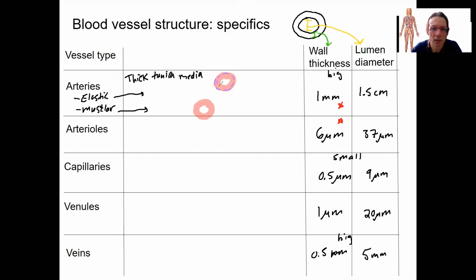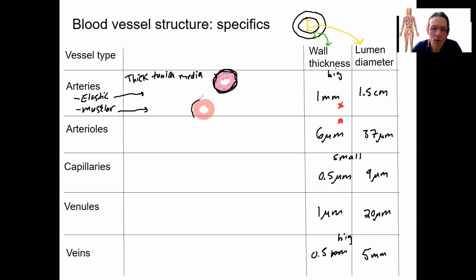Elastic fibers are embedded in that tunica media. Pretty decent size. Oh my gosh, tunica externa. That fibrous layer.